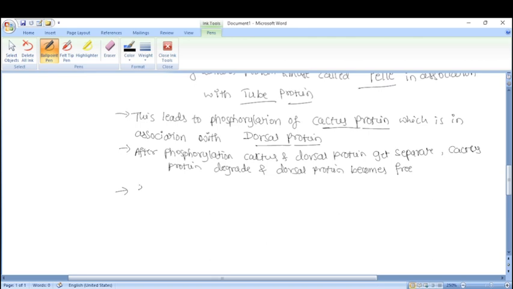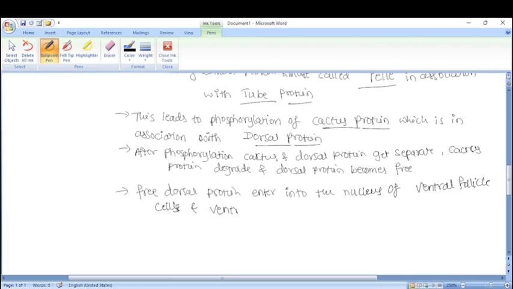Now this free Dorsal protein enters into the nucleus of ventral follicle cells, and there will occur ventralization of cells.